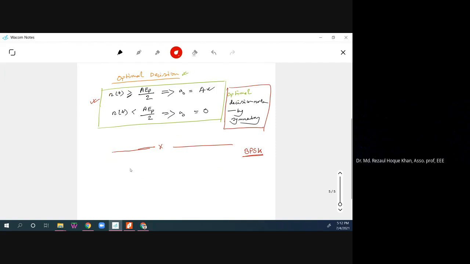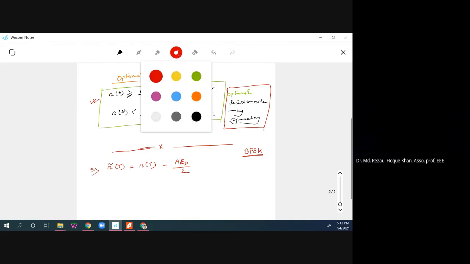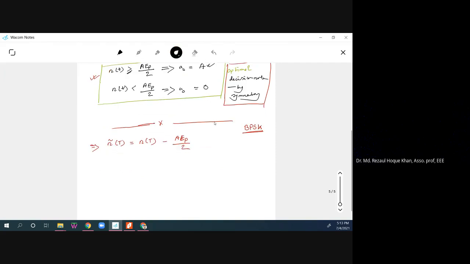Now here, R tilde is nothing but R(T) minus A E_p by 2. So we will use this criterion. We can write this R tilde for two different cases.